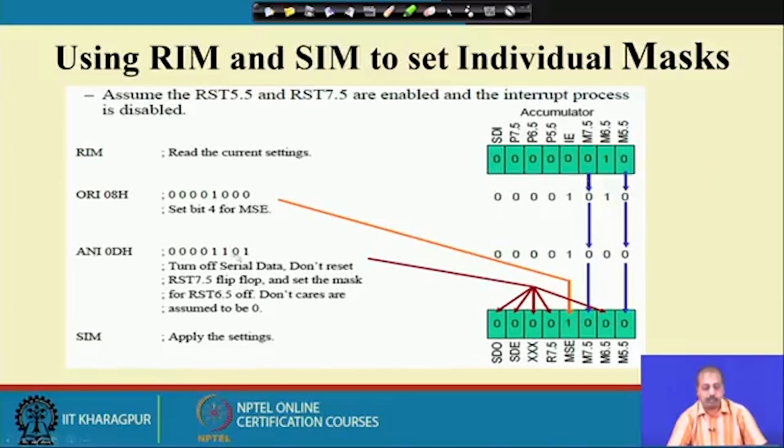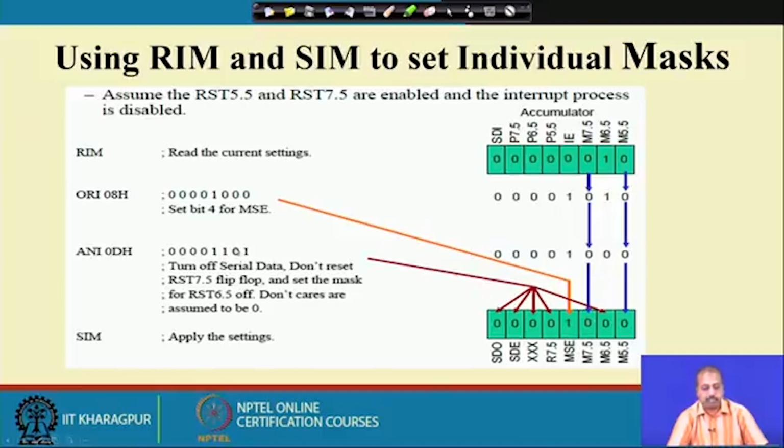So whatever the value of M 7.5 is, it is ANDed with 1, so the value will just come through here. Then 6.5 is turned off. This is M 6.5. The pattern is 0 0 0 0, and this 1 is for the MSE bit, then 7.5 continues.